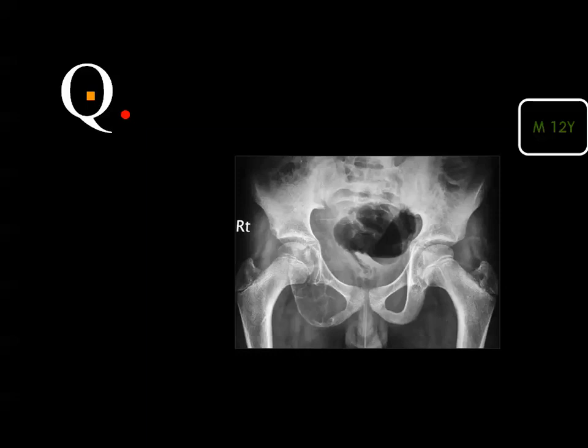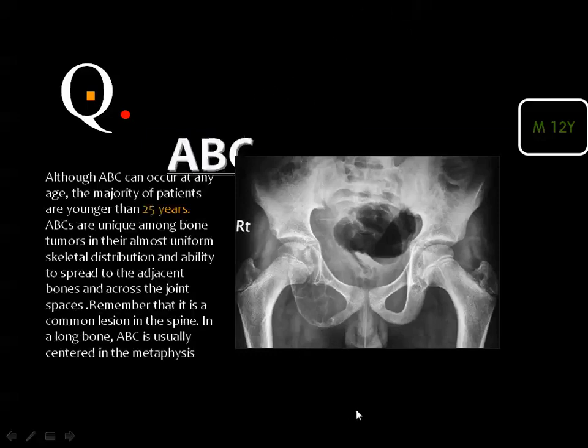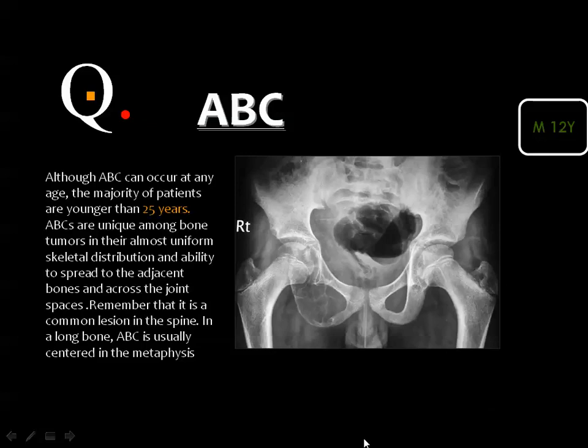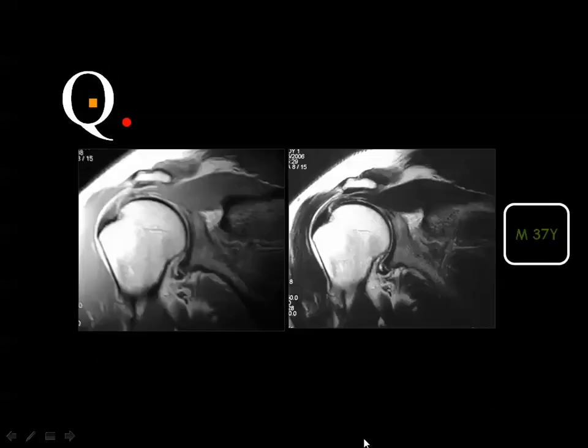X-ray of the pelvis in a 12 years old male. ABC. Yes, and there is an expanding lesion in the iliac bone and the pubic bone with bubbly appearance, and this is highly impressive of an aneurysmal bone cyst. MRI of the shoulder.